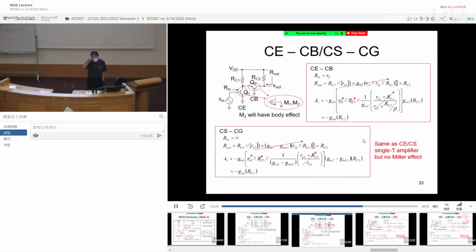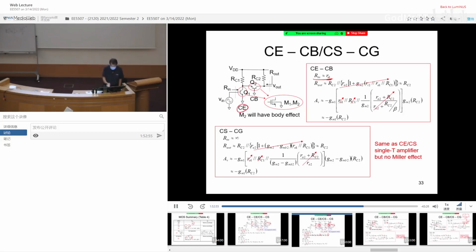Let's look at the second case. This is interesting. This is going to lead us to the cascode, a very important type. For this one, you are putting a common emitter followed by a common base. It sounds strange, common emitter and common base. Let's look at input resistance. It's basically limited by the common emitter stage, so it's RI1.